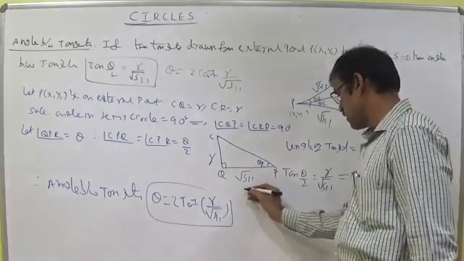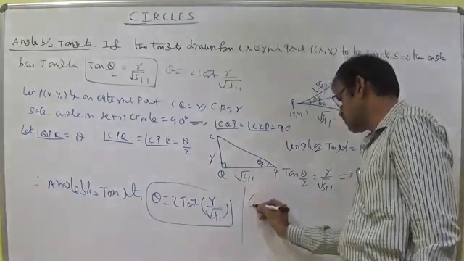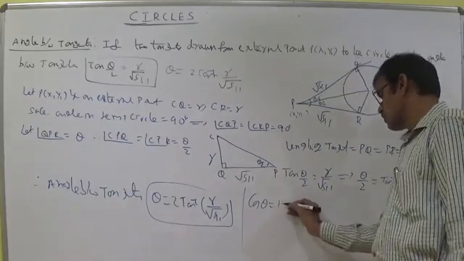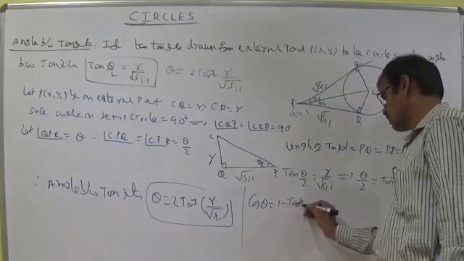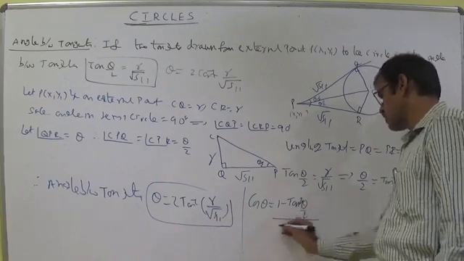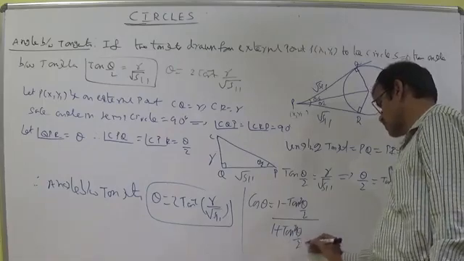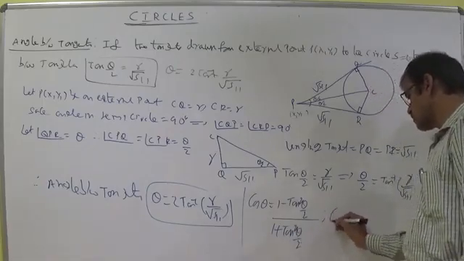Again, another method I will say now. In some cases, they will give the formula for cos theta: cos theta is equal to 1 minus tan square theta by 2 by 1 plus tan square theta by 2.